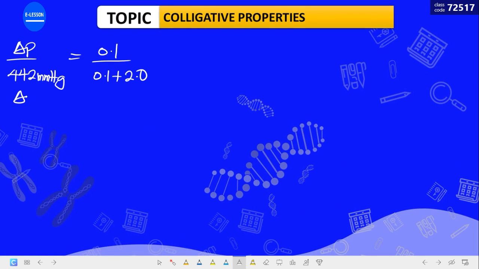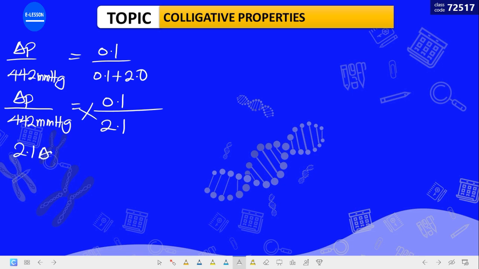Now this becomes change in P all over 442 millimeter mercury is equal to 0.1 divided by 0.1 plus 2.0, which is 2.1. Cross multiply. This becomes 2.1 change in P is 0.1 times 442. And then divide both sides by 2.1.